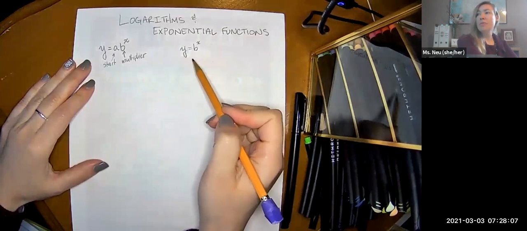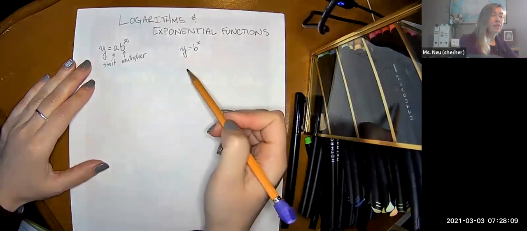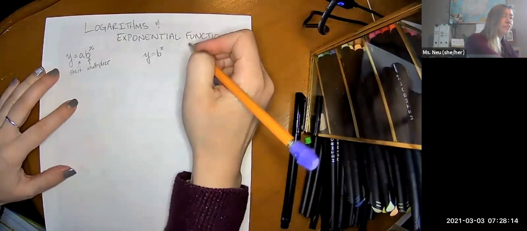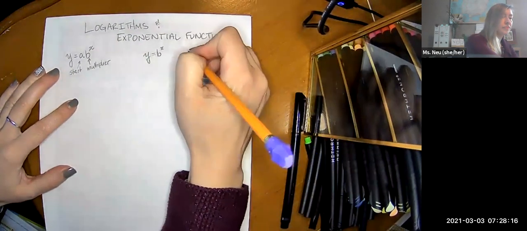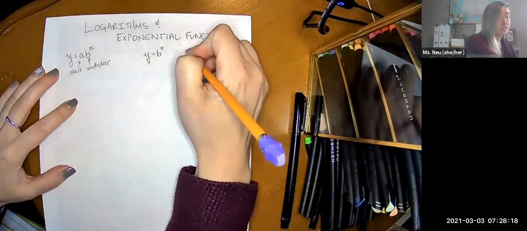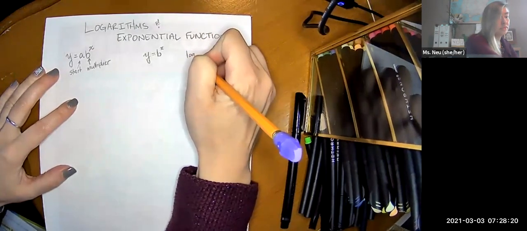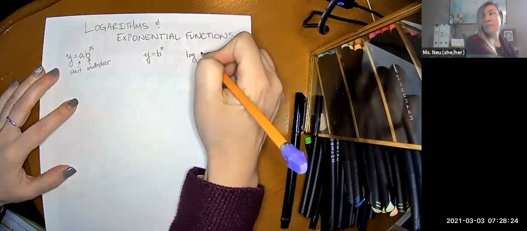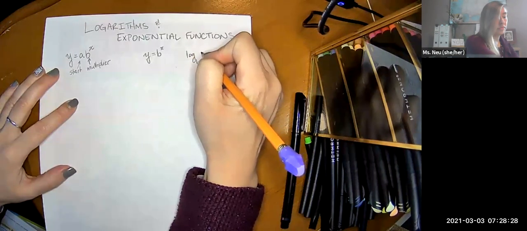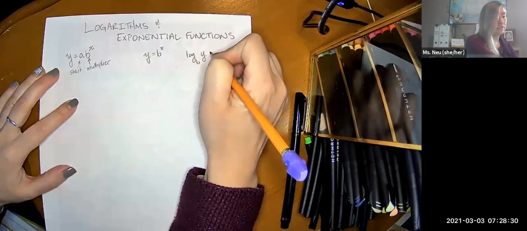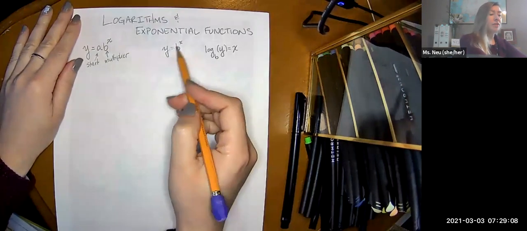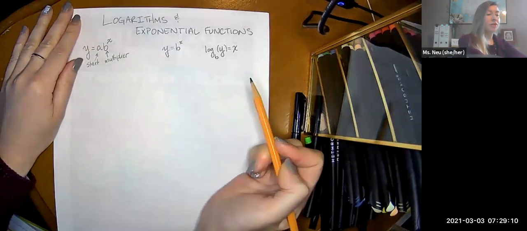A logarithmic function is the inverse of the exponential function. Now remember, for inverses, you just swap the x and y and then resolve for your new y.